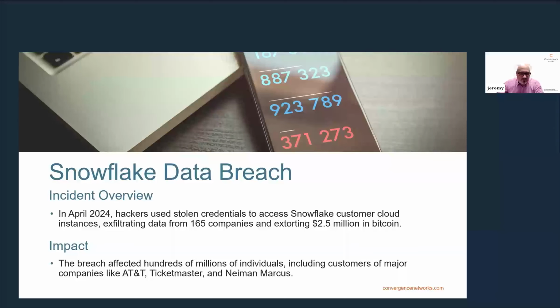And in April 2024, people were able to get in because they had access to some of these client accounts. That happens a lot of times with dark web information. They find credentials that have already been compromised, and they use that to get into the instances. And from there, they start exfiltrating data.